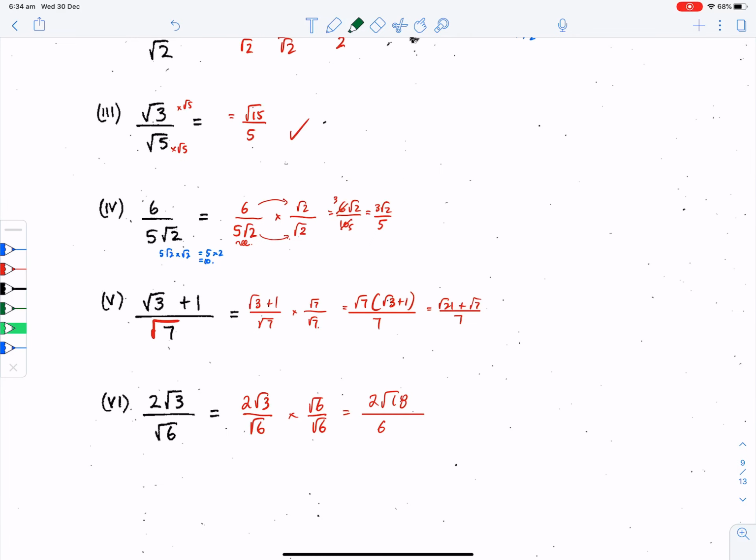Root 18 is root 9 times root 2, which is 3 root 2. So really here, you're going to have 2 times 3 root 2 over 6, which becomes 6 root 2 over 6, which simplifies to root 2.